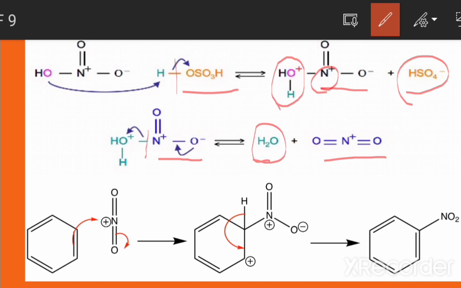And this nitro group will break the pi bond of the benzene ring and attach to the carbon that is directly present in the benzene ring.